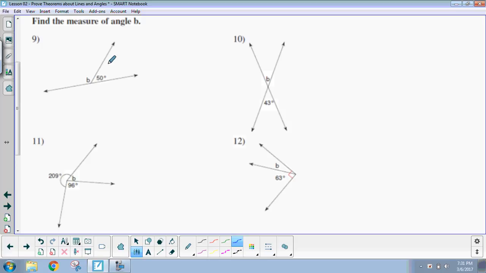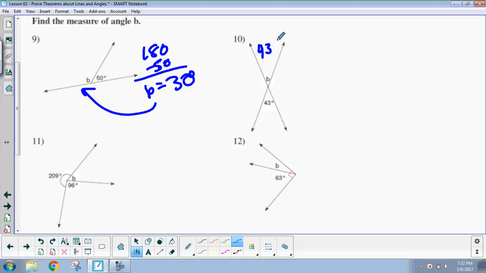So these angles are supplementary. They should add up to 180. So 180 minus 50, B should equal 130. Okay, that was kind of sloppy. I apologize. That's a 50. Vertical angles, so that should be 43. Man, I am getting too sloppy. I need to slow down.